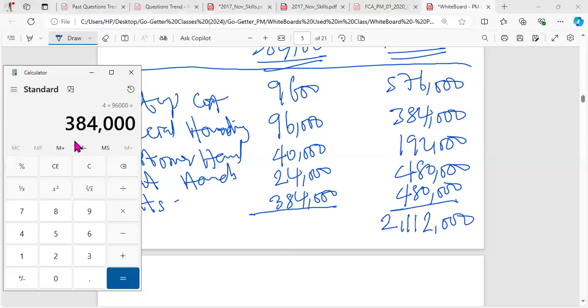Now I'm going to do this other one. I already have 384,000 at the bottom of my calculator, so I will go from bottom up: plus 24,000, plus 40,000, plus 96,000, plus 96,000. I have 640,000.